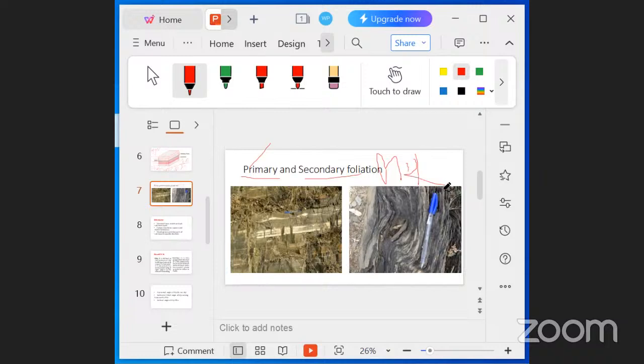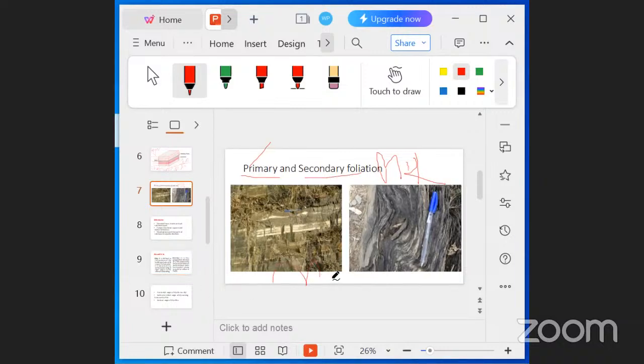The layers in metamorphic rocks develop as a result of the development of new minerals and reorientation of mineral particles from pre-existing rocks during the process of metamorphism.